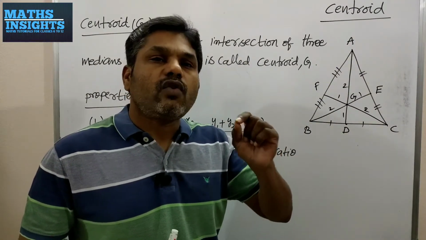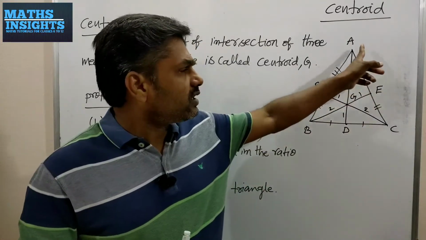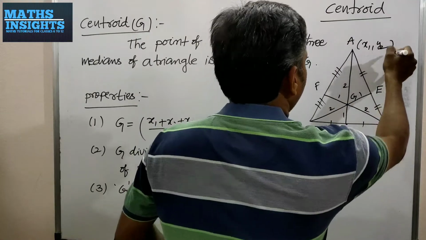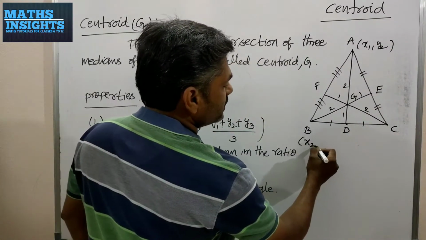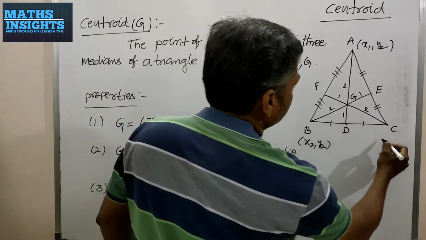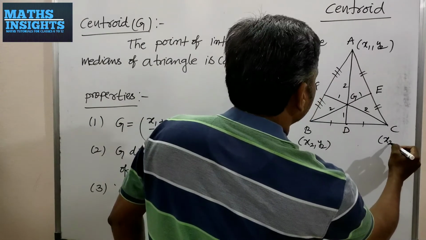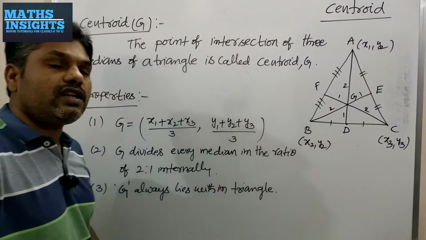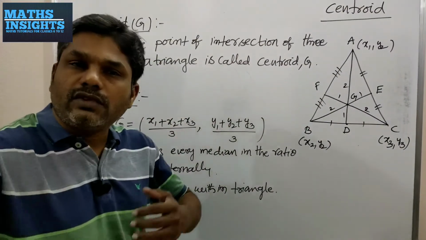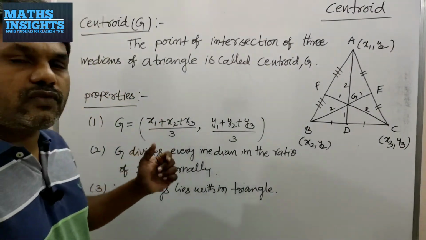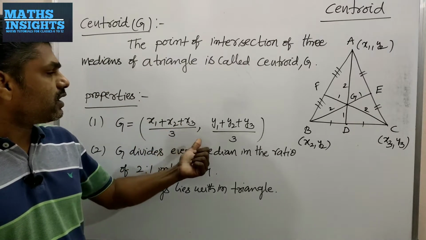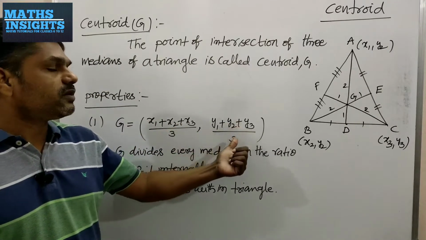If the coordinates of the vertices are x1, y1, x2, y2, and x3, y3, then you can find the centroid G using the formula (x1 plus x2 plus x3) by 3, comma, (y1 plus y2 plus y3) by 3.